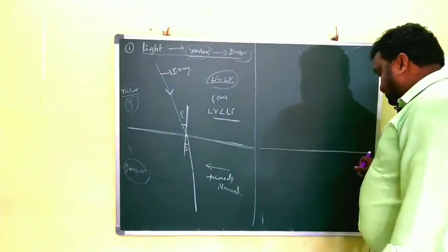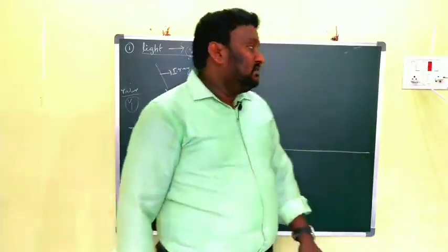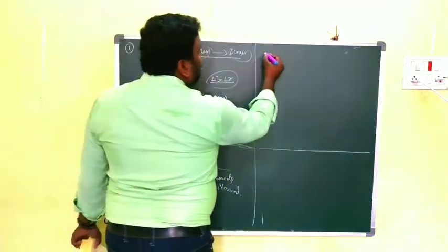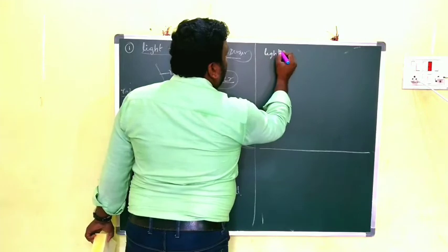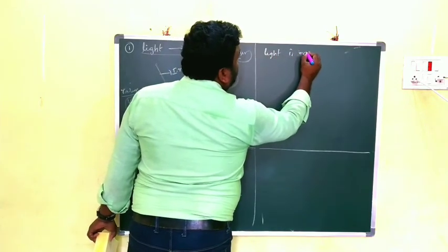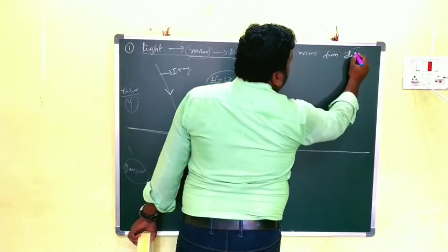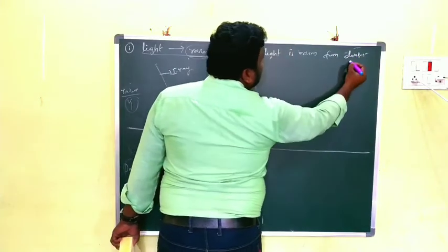Now the second case. In the first case, the light ray is moving from rarer to denser. Now light is moving from denser to rarer.